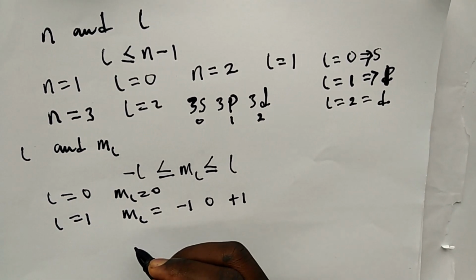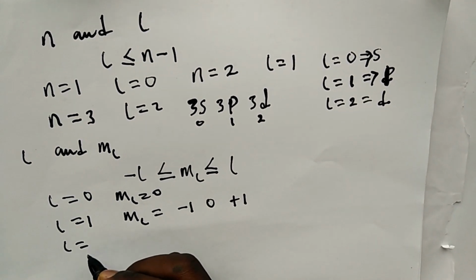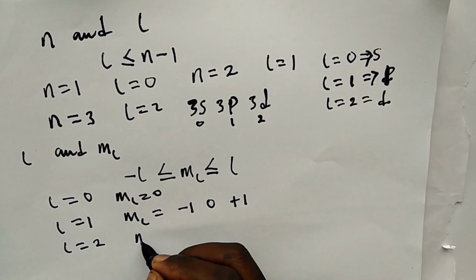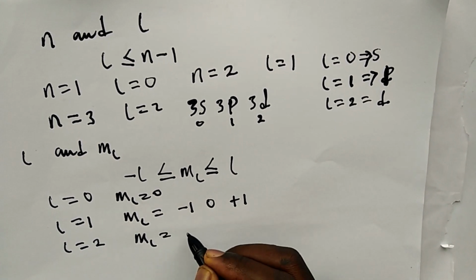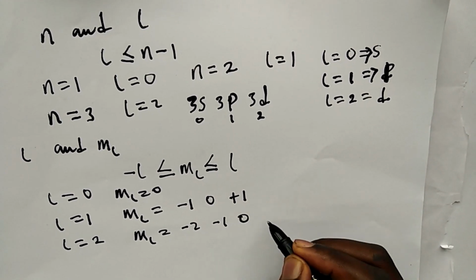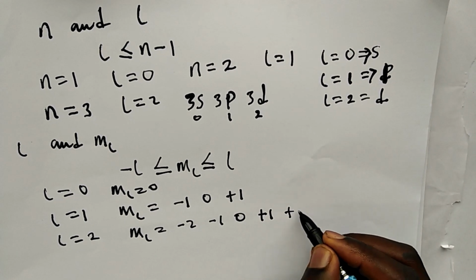When L is equal to 2, ML is equal to minus 2, minus 1, 0, plus 1, plus 2.